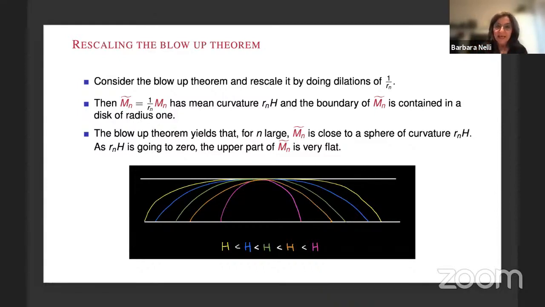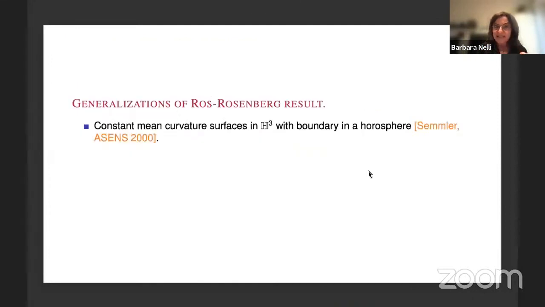Now, a couple of generalizations of the Ros-Rosenberg result. The first was by Semmler, who extended the same result in H3 with boundary in a horosphere, an analogous result.